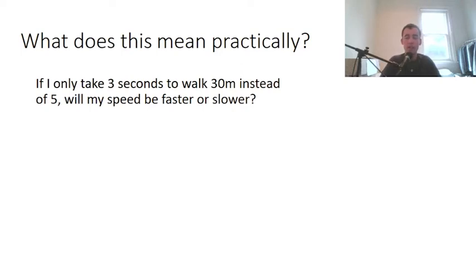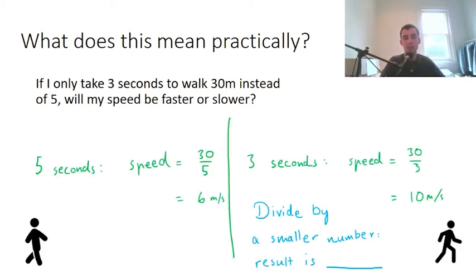But I want you to understand this with the maths as well. So let's say I take 5 seconds to walk my 30 meters. As we've just seen, 30 divided by 5 is 6 meters per second. If I take 3 seconds, my speed is 30 divided by 3, which is 10 meters per second.